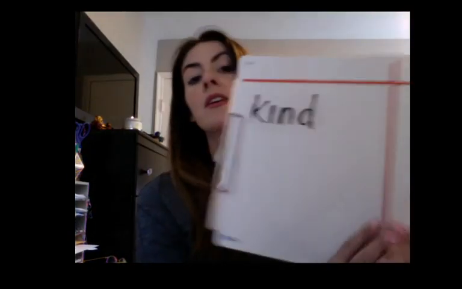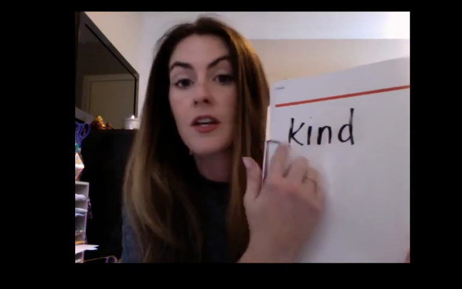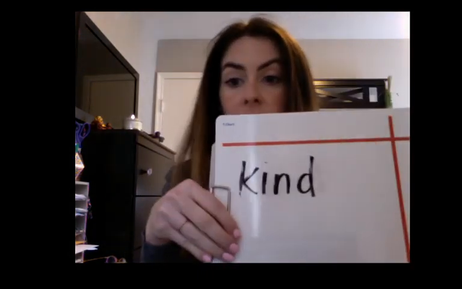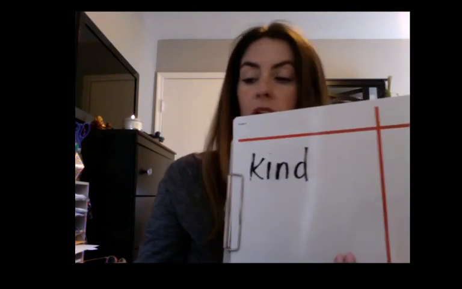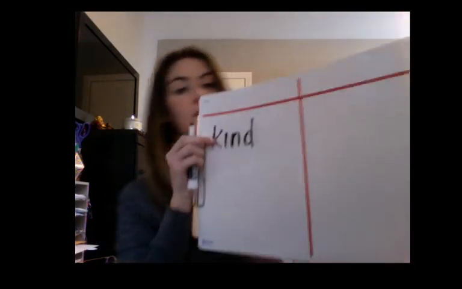The first thing I'm going to show you is the word kind. Kind. If we add a prefix to this word, we're going to use the prefix un here. Un.